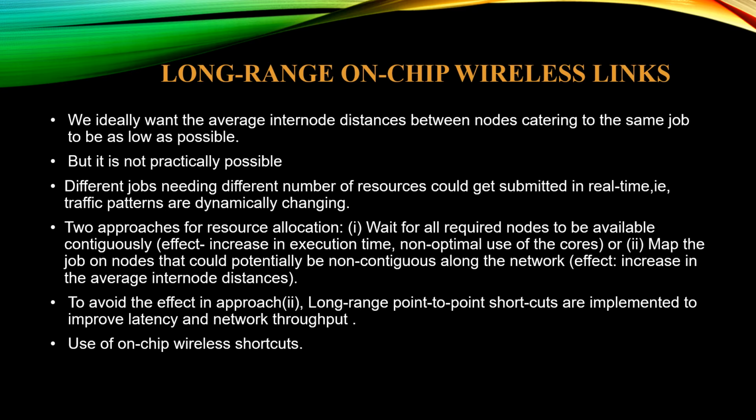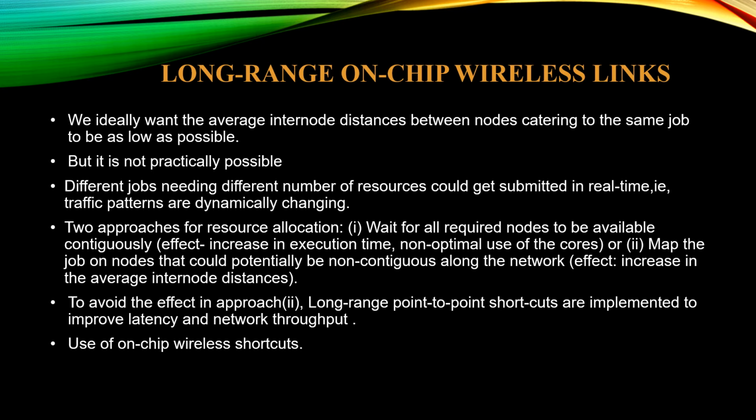The effect of the second one, that is, if we are potentially mapping the non-contiguous nodes in the network, is the increase in the average internode distances. So to avoid this effect, long-range point-to-point shortcuts are implemented to improve latency and network throughput.